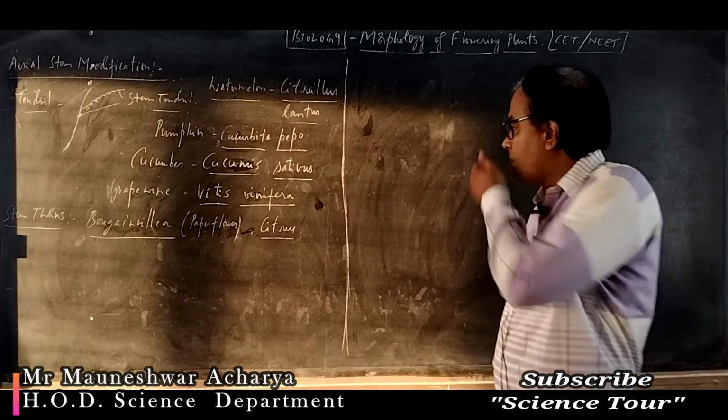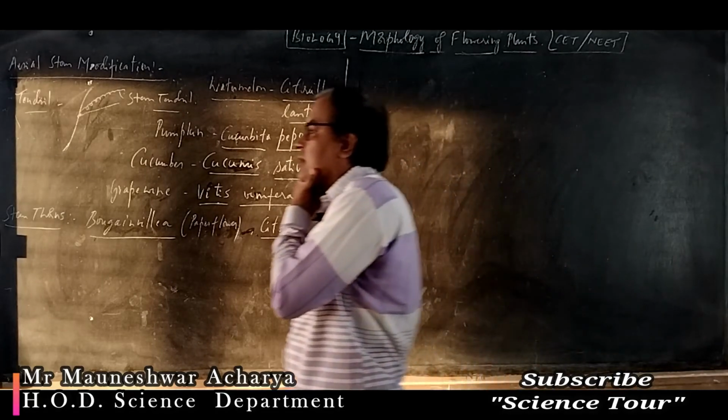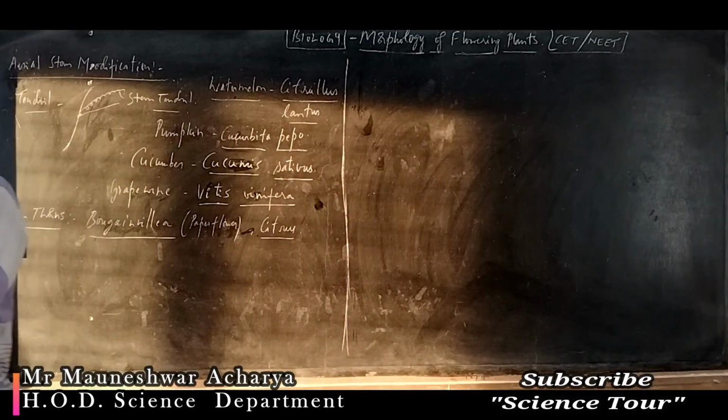Then there is phylloclade. Some plants which are growing in the dry and arid regions, their stem becomes flattened, green and photosynthetic.